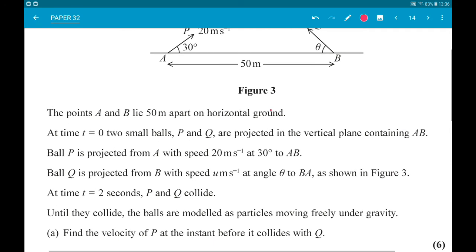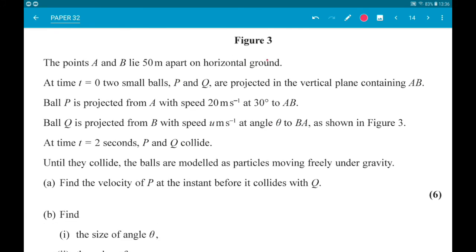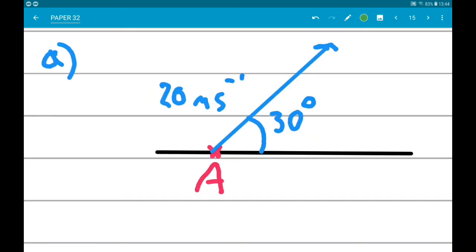Part A wants us to find the velocity of P at the instant before the balls collide. Alright. So, here's what's going on when P is fired. So, its velocity has vertical and horizontal components.